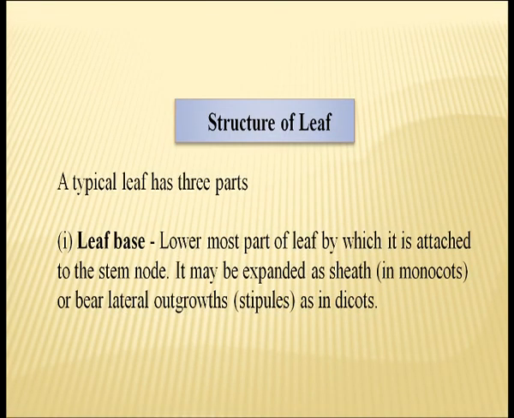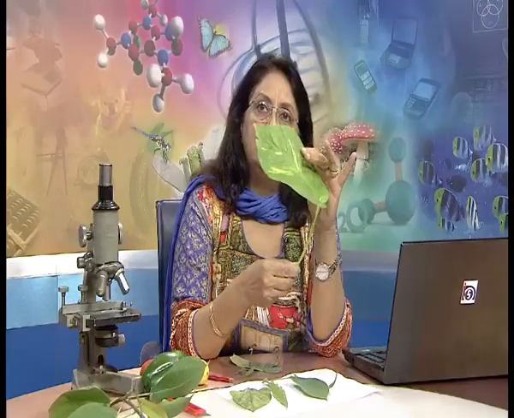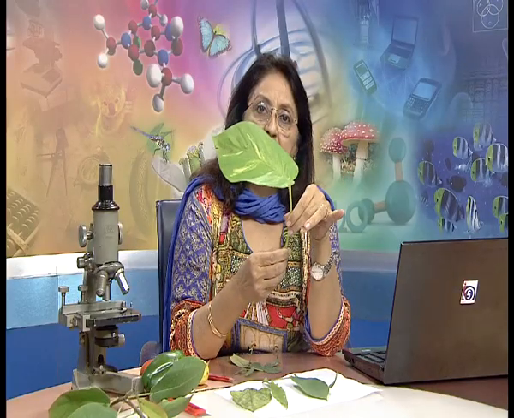Now, this is a leaf, right? Can you see the structure? This is the petiole. With this, it is attached to the stem. This is the leaf lamina and this is the stalk.